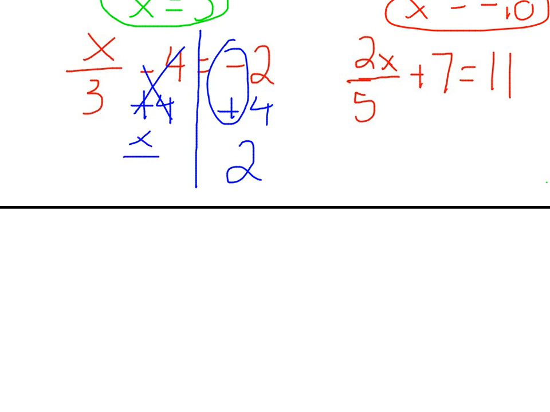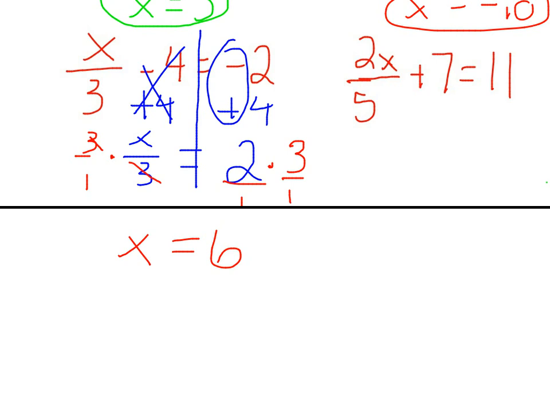I'm going to write x over 3 equals 2. And now I want to get rid of this 3 on the bottom by multiplying by 3 over 1. That lets me cancel the 3's out, leaves me with just my x by itself. I come over here and I write times 3 over 1. And again, you didn't really need the over 1 because the 2 is a whole number. And I have x equals 6.